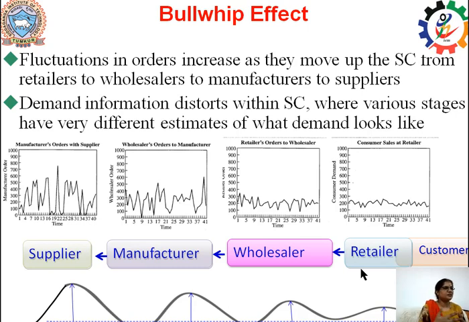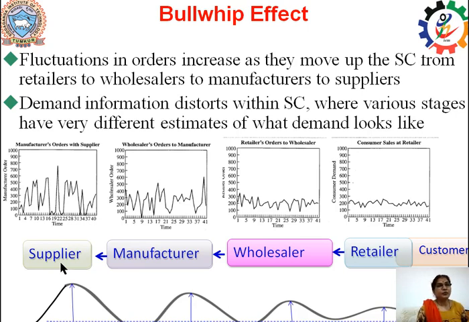Whatever demand they place, based on that they picturize the forecasting. So that is how the guesswork also gets added up, because of which things vary by a large amount when it comes to the supplier. So this increase in fluctuation in demand as one moves up from the retailer towards the supplier is called the bullwhip effect.